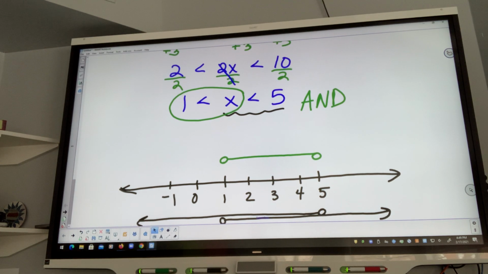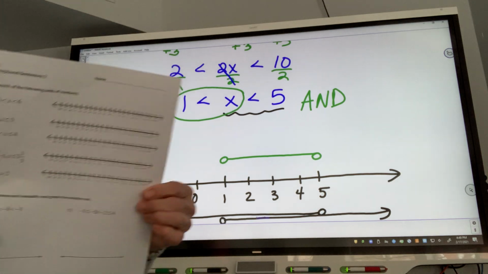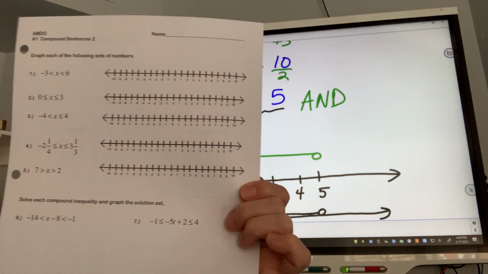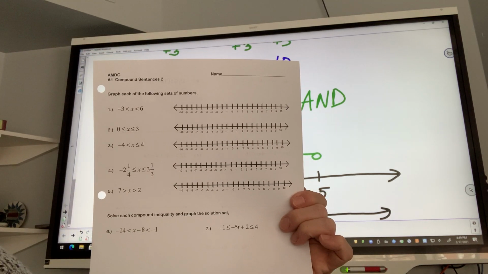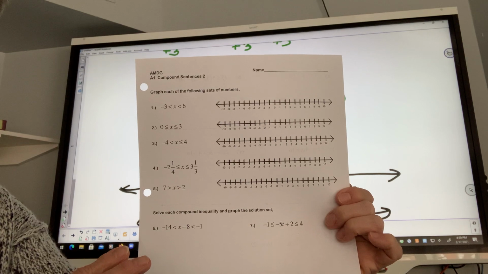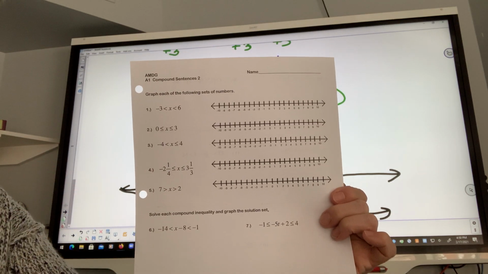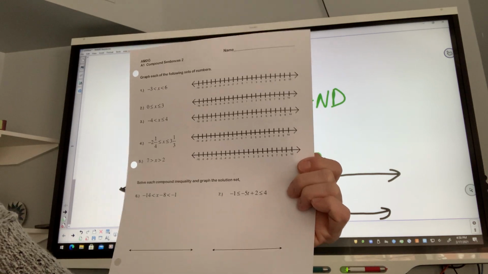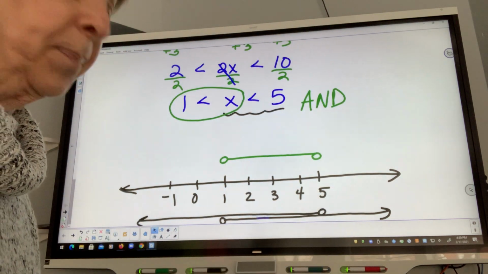So this should allow you to do this homework now, which says Algebra 1, Compound Sentences 2. So what I suggest is if you don't have this printed out yet, why don't you pause the video, go print it out, and come back because we're going to do one of these together, okay? All right.